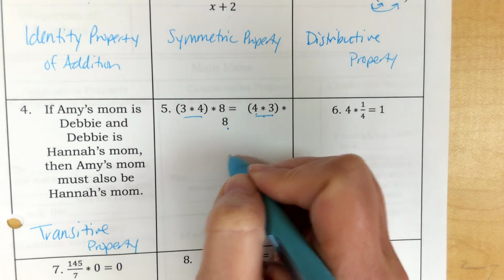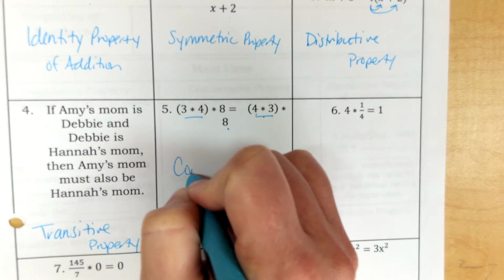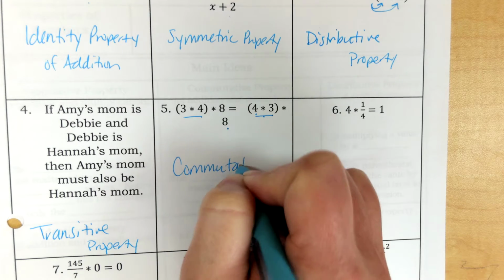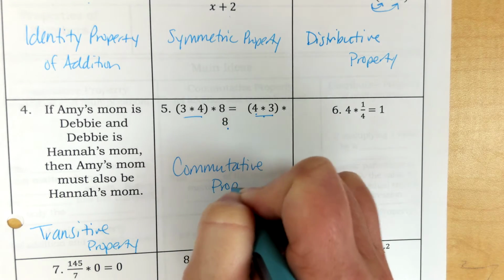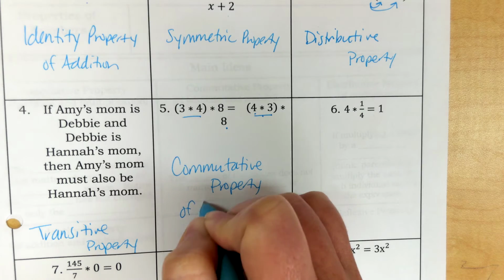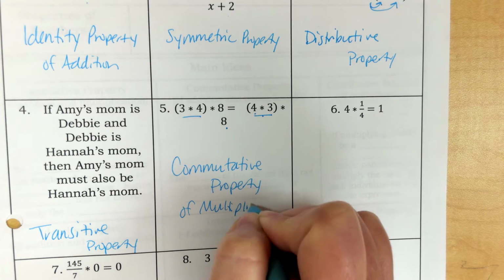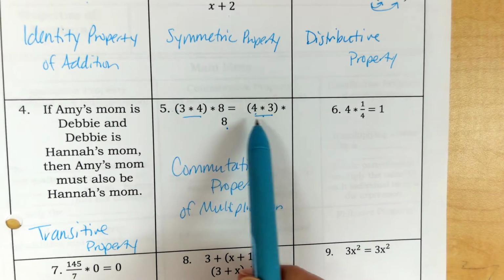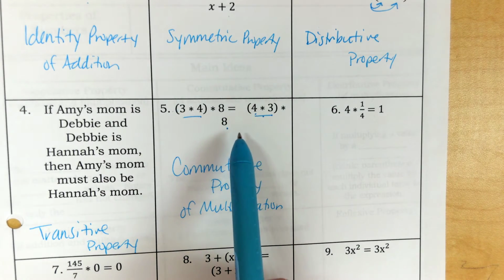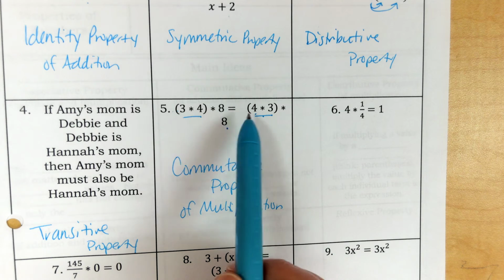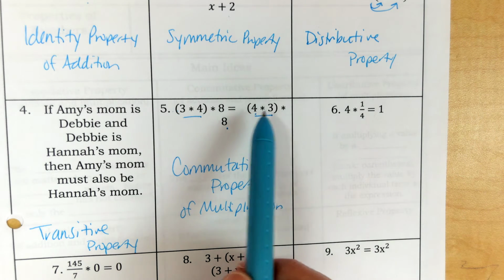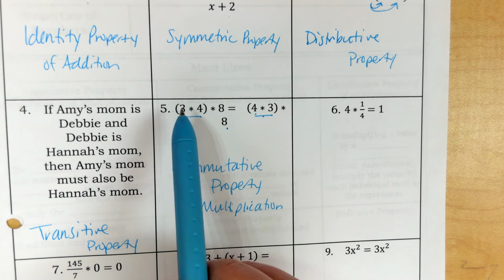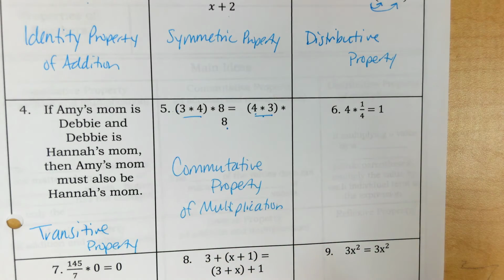So while it looks like this might be an associative property, this is actually a commutative property of multiplication, because it's the order that has changed. I'm still grouping the first two items in my expression. It's the 3 and the 4 and the 4 and the 3. It's just that I've changed the order from 3 times 4 to 4 times 3.